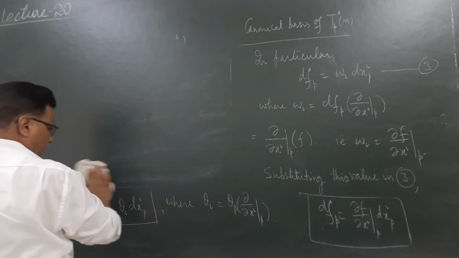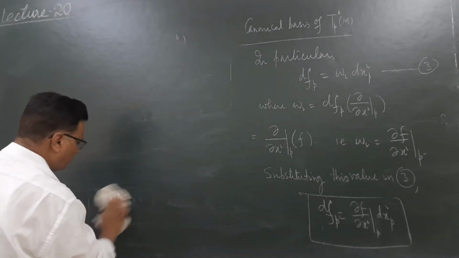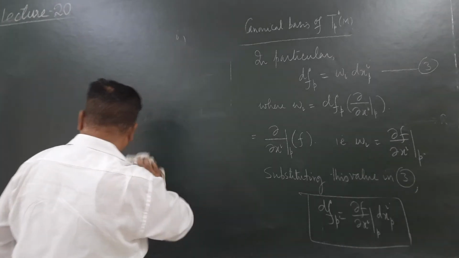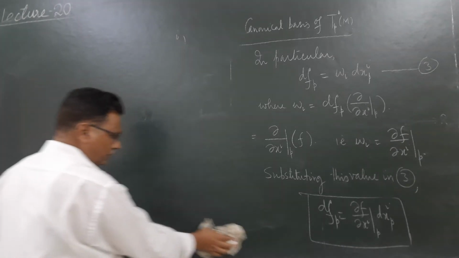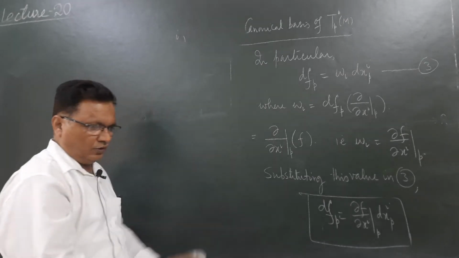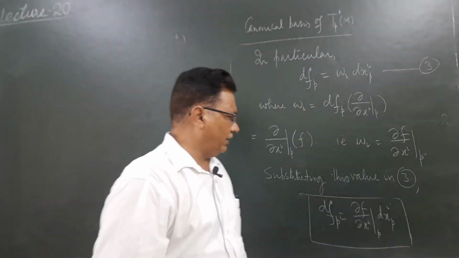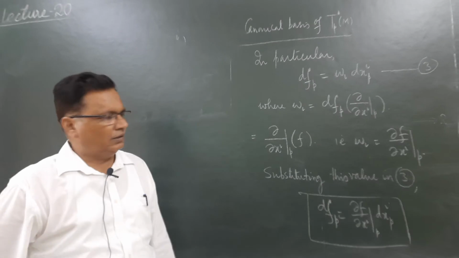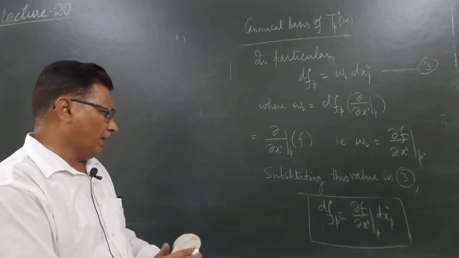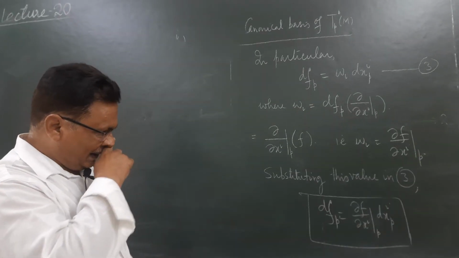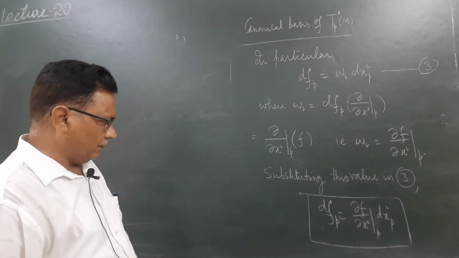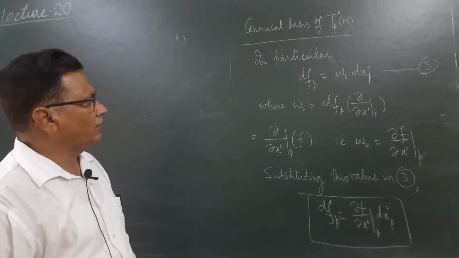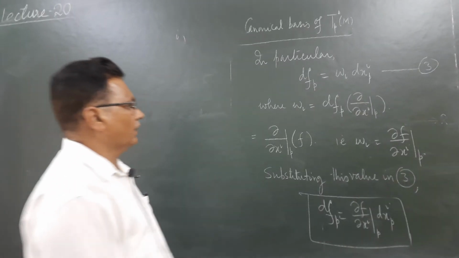Now, we also have to globalize this, because you will be dealing with covectors which are globally defined. We will be calling them linear differential forms. But before doing that, I need to discuss the law of transformation.